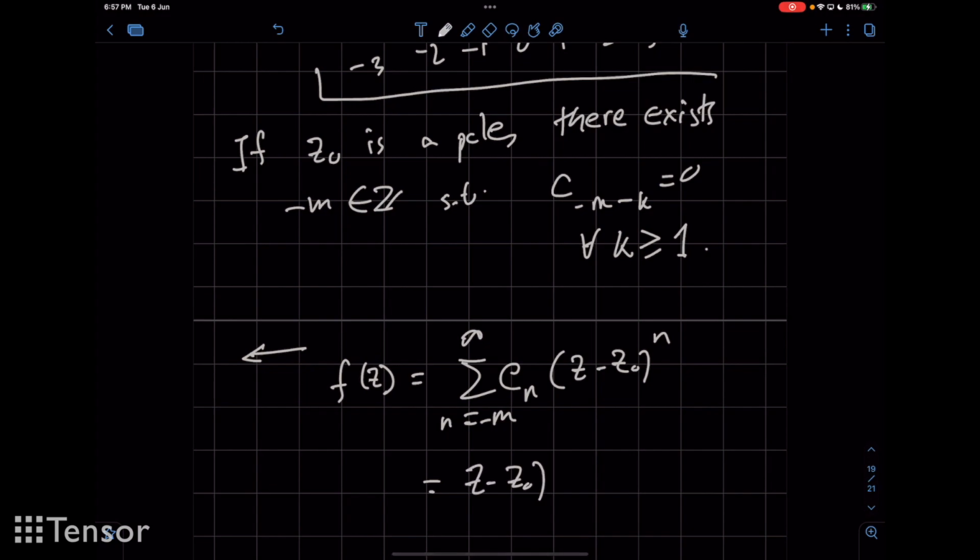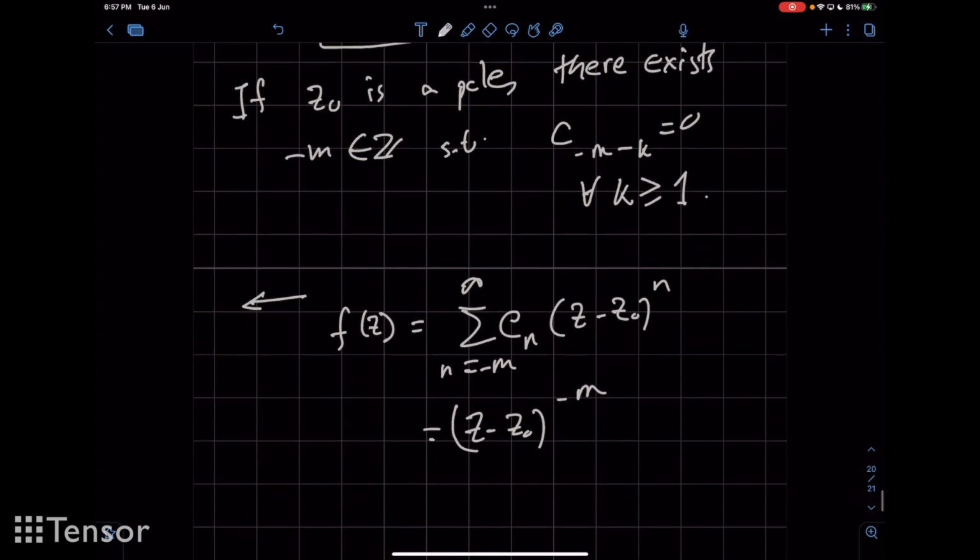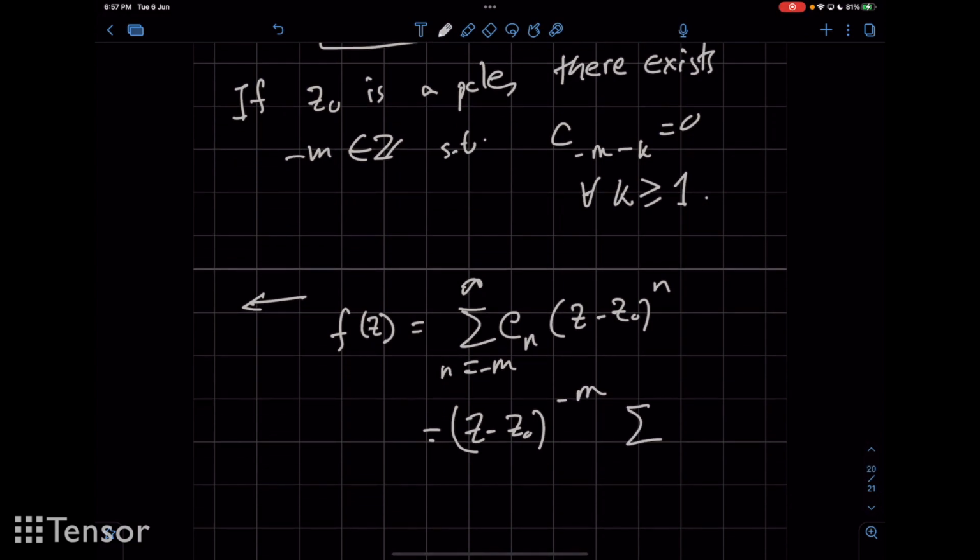We have (z minus z naught) to the power negative m, and then the sum of c_n (z minus z naught) to the power n plus m.